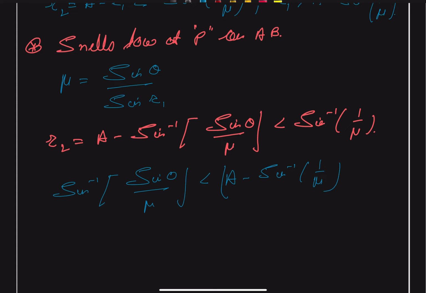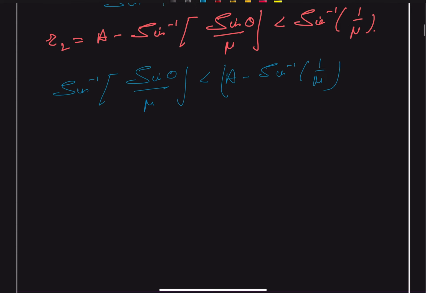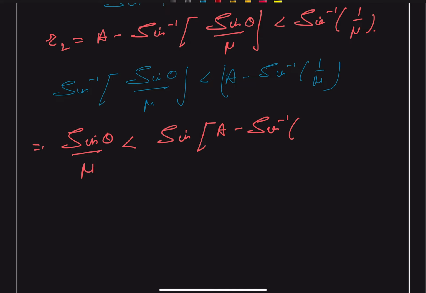Taking sine inverse to the other side, it becomes sine, so sine of theta upon mu is less than sine of A minus sine inverse 1 upon mu.